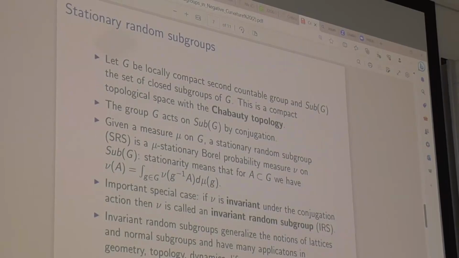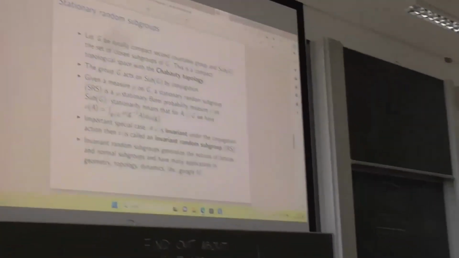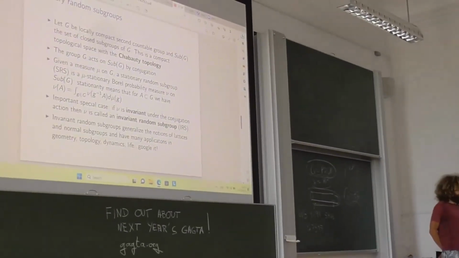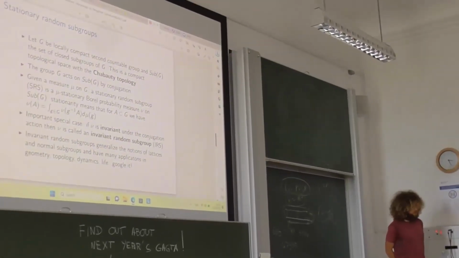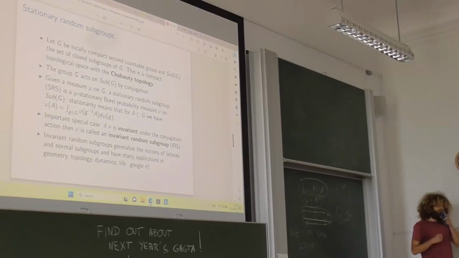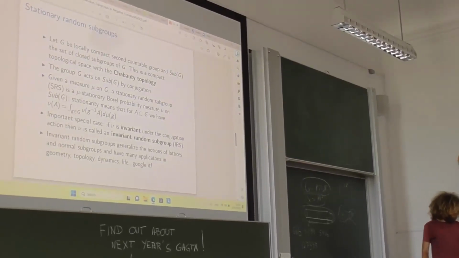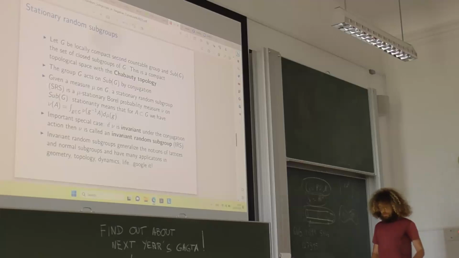Okay, so to prove all these theorems, we use some probabilistic notion called stationary random subgroups. So what are random subgroups? Suppose you have basically any group, and you consider the space of all closed subgroups of the group.